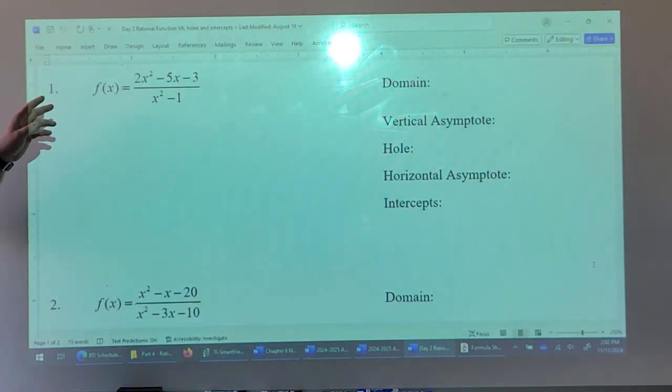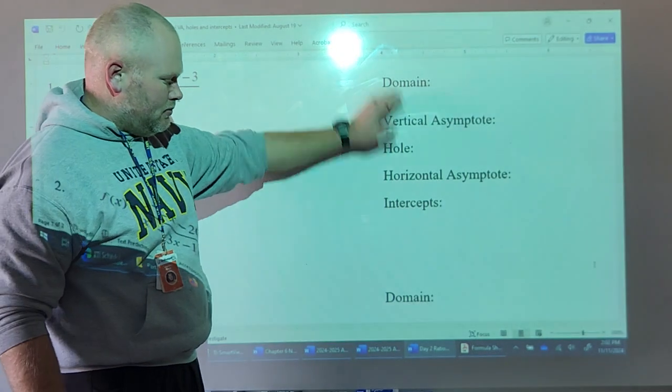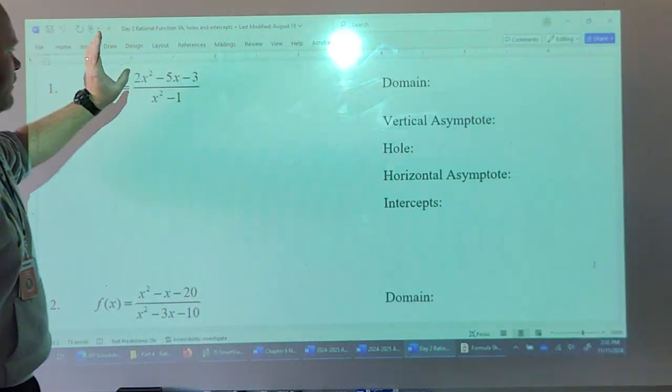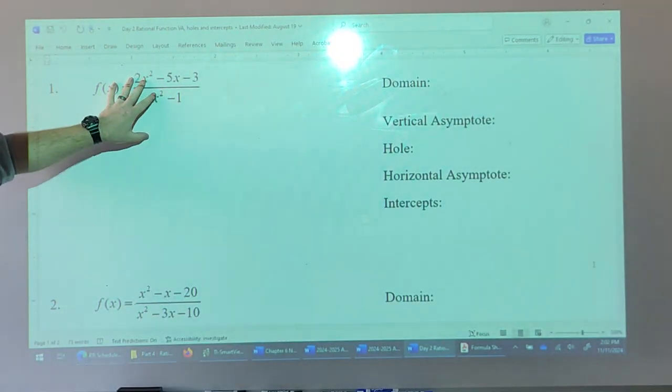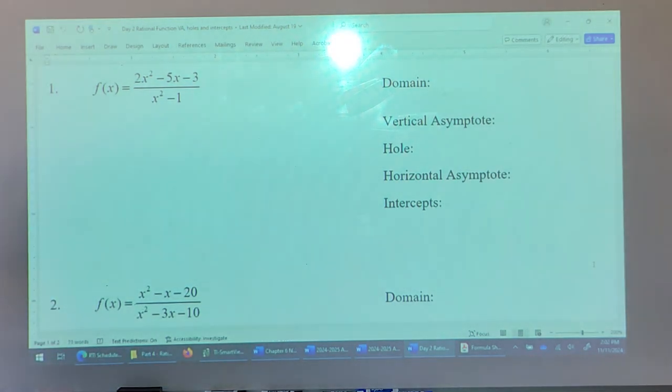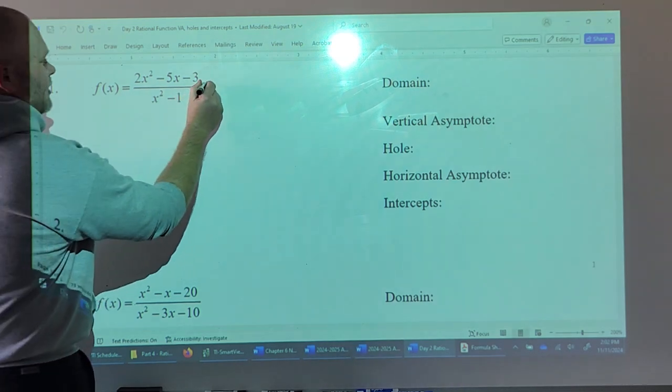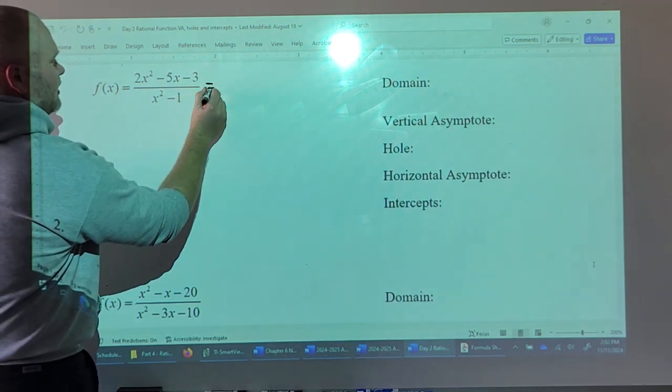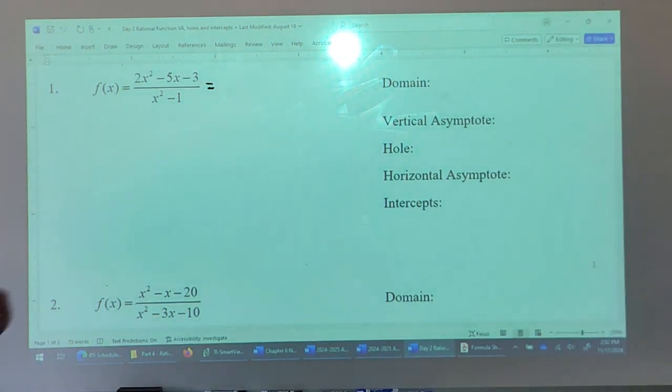So if you get a rational function, before you start worrying about all this stuff, first try to get it into a little bit simplified form. So see if you can start factoring both the top and the bottom. I would recommend that if you haven't gotten good at the guess and check method yet for factoring, that you practice that.